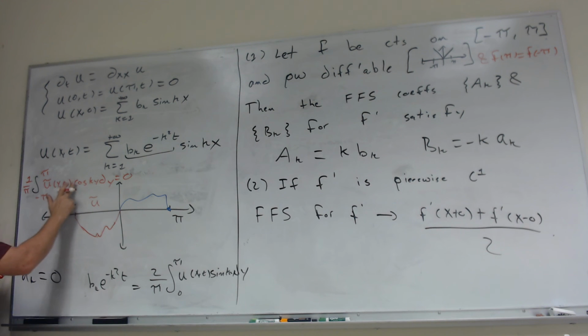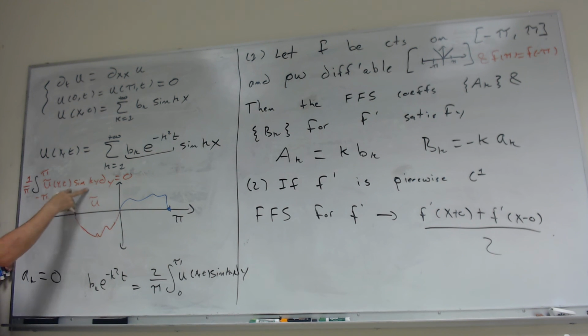Okay, what about the sine coefficients? So if I look at the full Fourier sine coefficients, what can I do here? Well, u tilde is odd, because I took the odd extension. Sine is odd, so their product is even. I'm integrating from minus pi to pi.